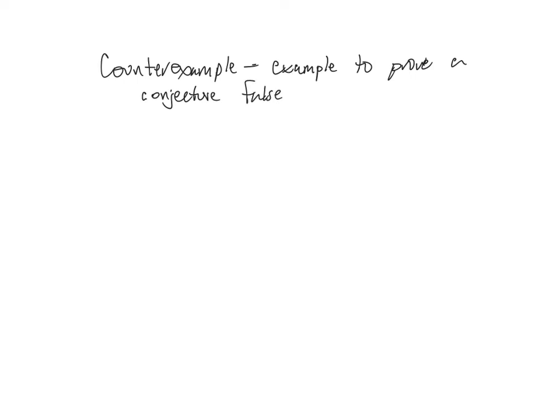So it's much easier to come up with an example to show something's not true than it is to absolutely prove something is true. Because you might be able to come up with a bunch of different examples that show that something is true, but it only takes one to show that something is not true.